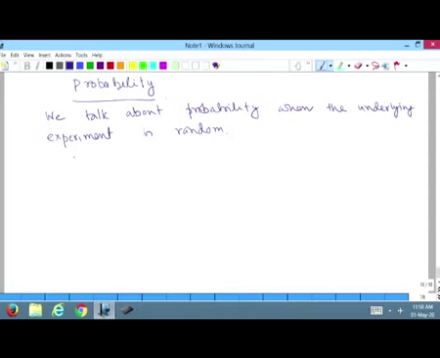Therefore, the sample space omega is known, and we need to compute the probability of what? That is the question.